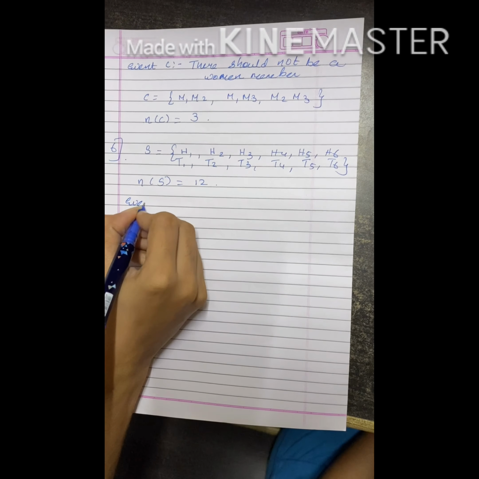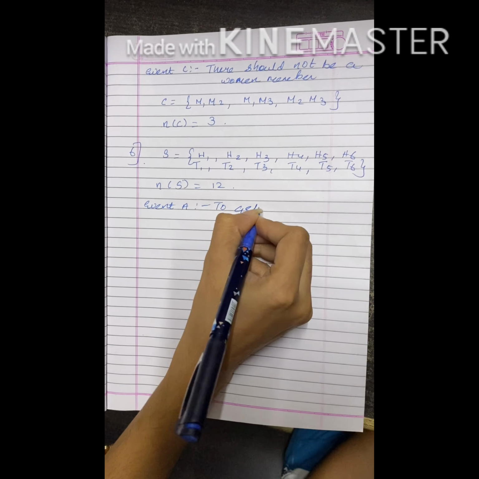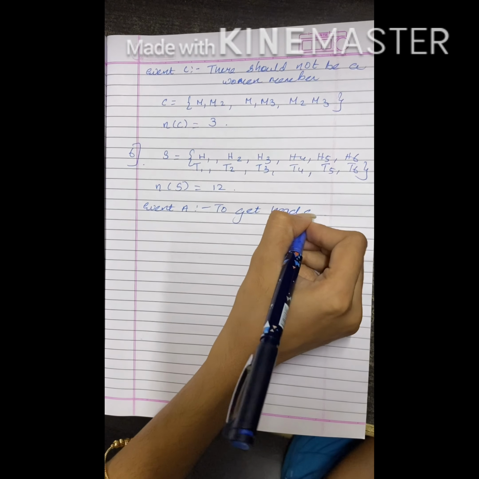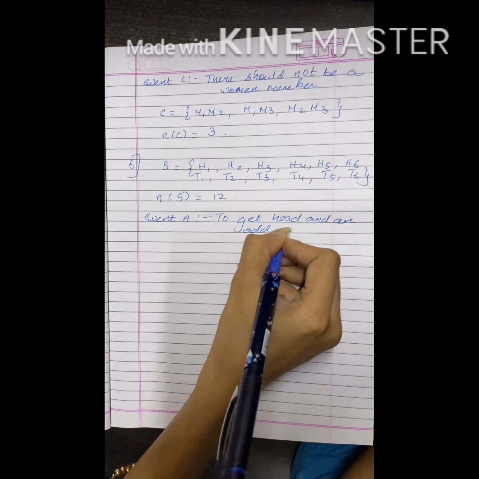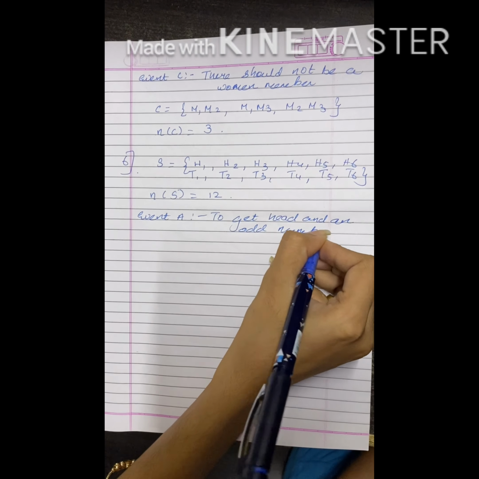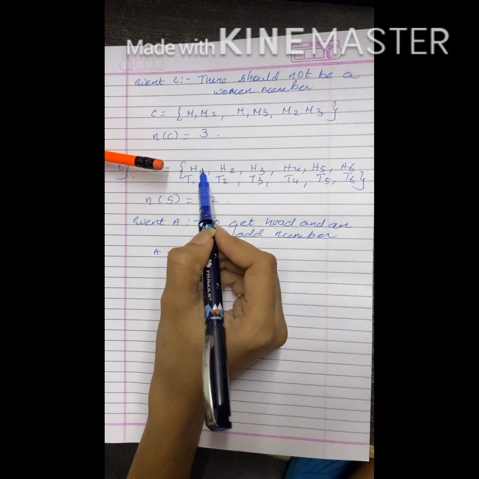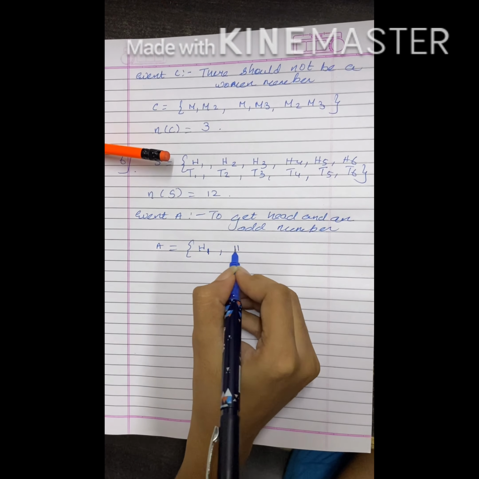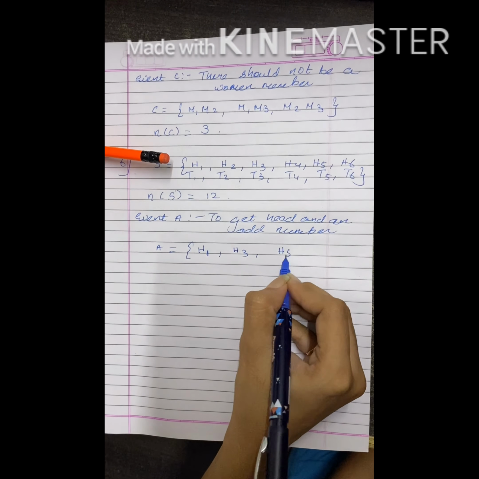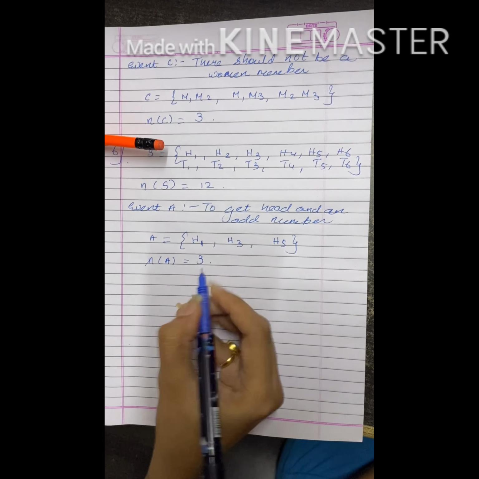Now first event A, to get a head and an odd number. Event A means head and odd number, that is H1, H3 and H5. So N of A is equal to 3.